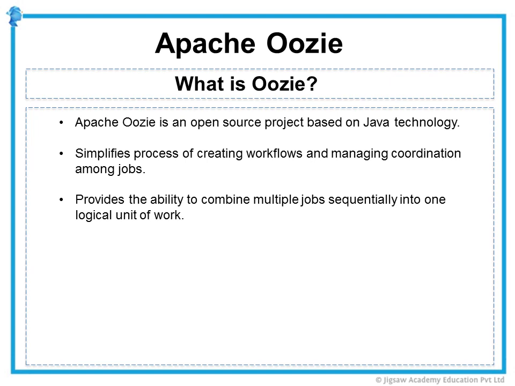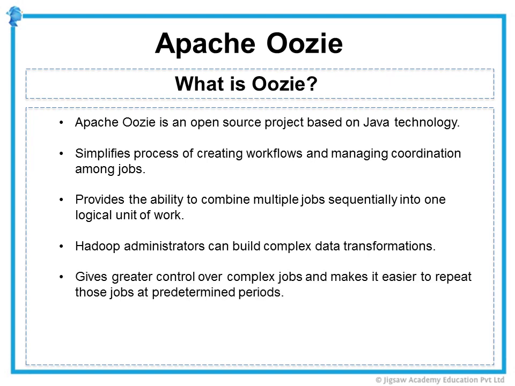We'll shortly see what a workflow or a coordination is. Using Oozie, Hadoop administrators are able to build complex data transformations that can combine the processing of different individual tasks. This ability allows for greater control over complex jobs and makes it easier to repeat those jobs at predetermined periods.